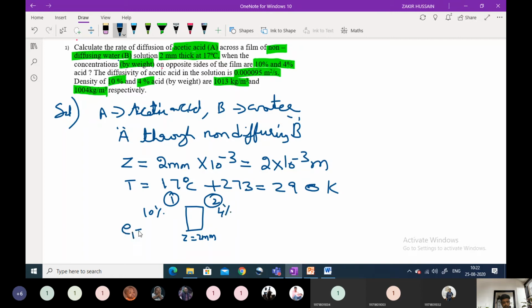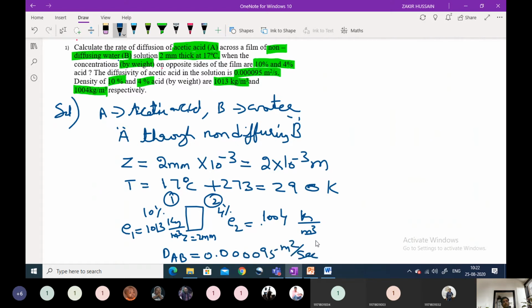Then the density at position 1 is 1013 kg per meter cube, already given in SI units, so no need to convert. So rho 2 is equal to 1004 kg per meter cube. The diffusivity of acetic acid is already given, DAB equal to 0.95 times 10 to the minus 9 meters square per second. So they have supplied all this data.